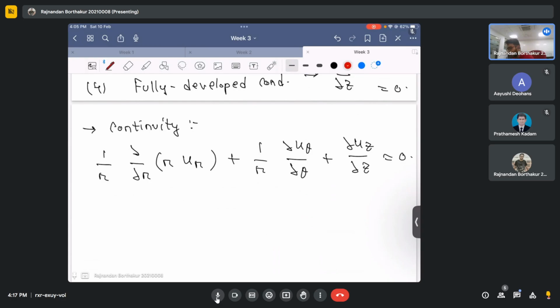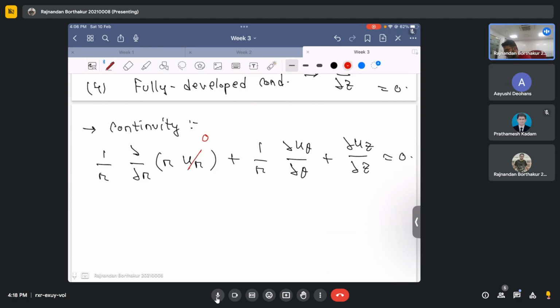Now you tell me, how do we apply the assumptions in the continuity equation? First of all, can you tell me what will happen to this term? 0. Why? ur is 0. That's the no penetration condition.